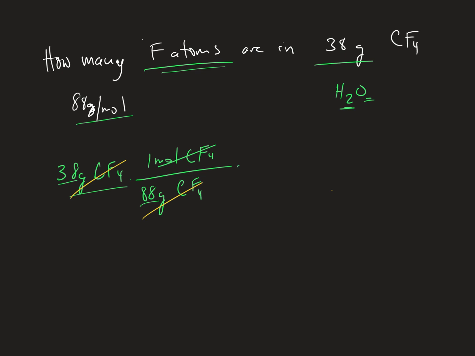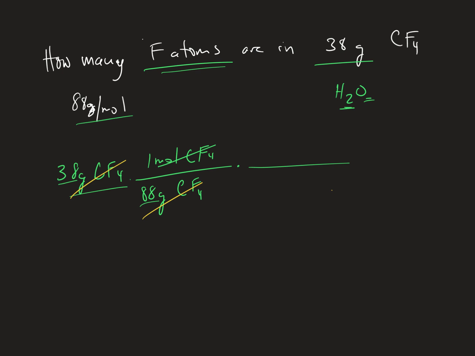Because it almost seems like when you're multiplying it by 4, that's including the carbon that's in there, and we only care about the F. Okay, this might make a little bit more sense. Well, it's because, correct me if I'm wrong, for every 1 mole of CF4, there's 4 moles of fluorine, because there's 4 atoms, and a mole is a measure of the amount of particles. Right. So that's why you multiply it by 4, because if you have 1 mole of CF4, you have 4 moles of fluorine.